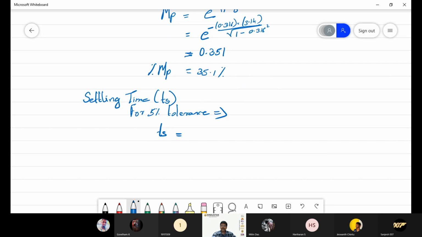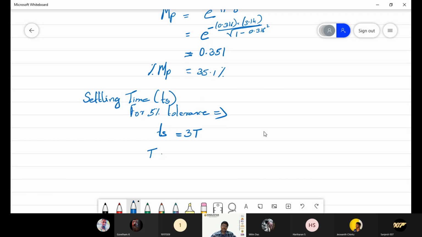Are you able to remember? We have written already. For 5% tolerance, Ts is equal to 3 multiplied by T, and this T is the time constant value.